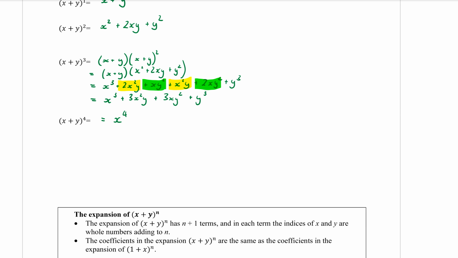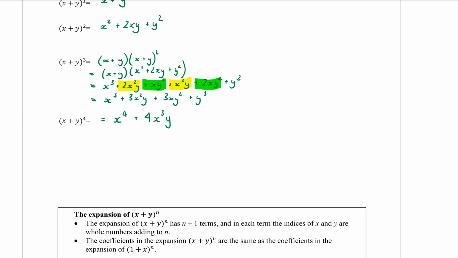The y in the second position, there won't be any of those yet. When I go to the second term, the coefficient is a 4. The x power is going to decrease by 1, becoming x cubed, and the y power is going to increase so that now there is one of them.